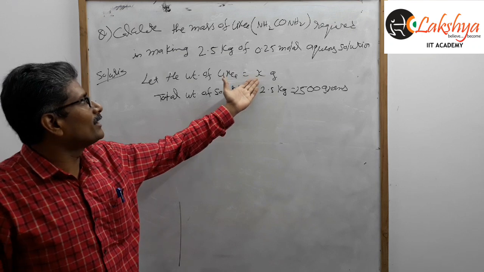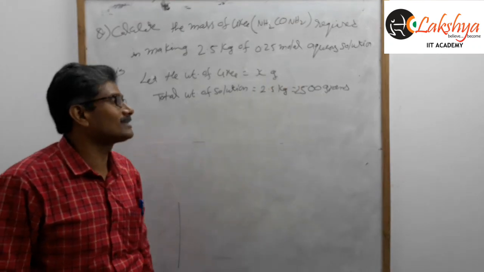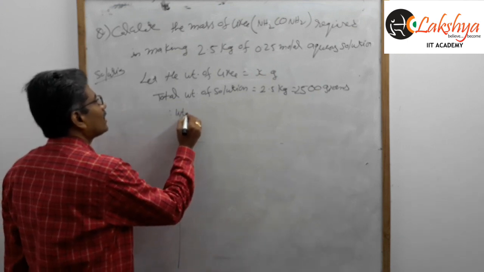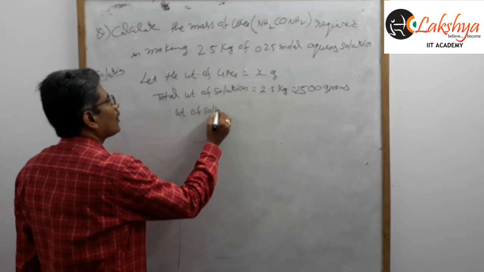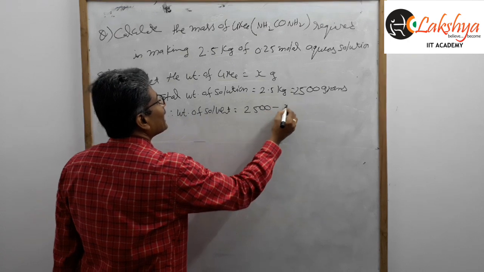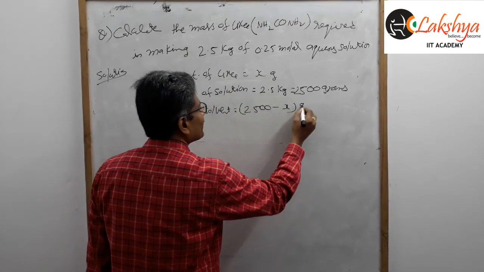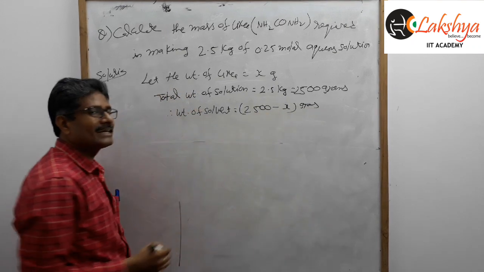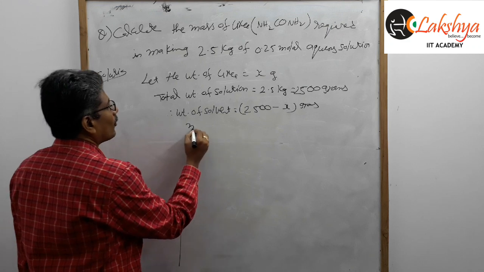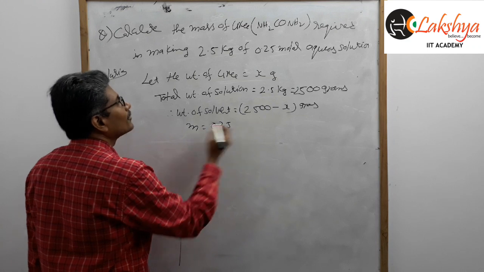Because I take urea weight in grams. That's why I am taking weight of solution as 2500 grams. Then therefore weight of solvent is equal to how much? 2500 minus x. 2500 minus x is the weight of the solvent in grams. Okay, right. And molarity small m is equal to given 0.25.